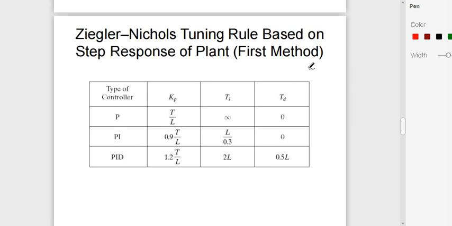For the Ziegler-Nichols first tuning method, learn this table by heart, using T and L. T is the time constant and L is the delay time for designing P, PI and PID controllers using the Ziegler-Nichols first tuning method.